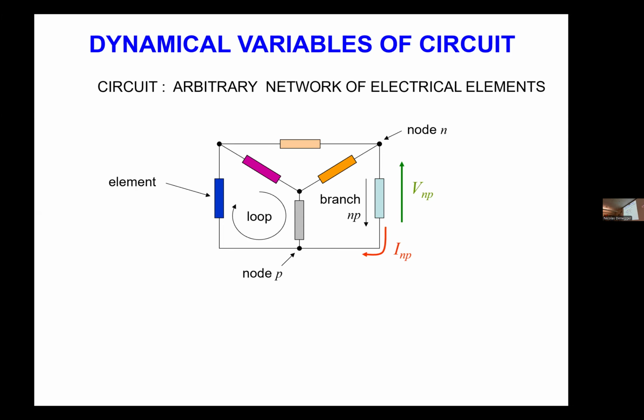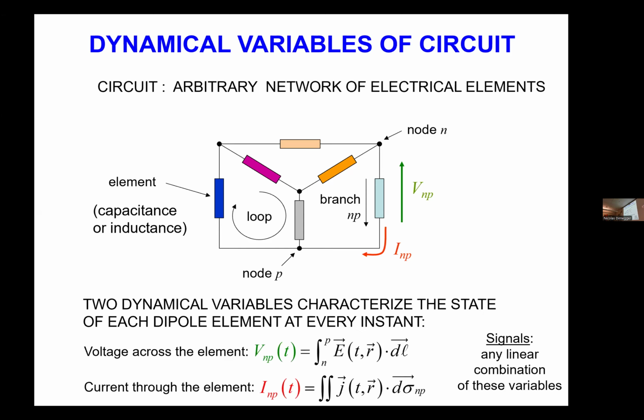You have minus signs in Maxwell's equations, but in circuit theory, with this choice of convention, there are no minus signs. So what does it mean? This arrow means that if the potential increases from this point to this point, then you count it positively. And if your current goes in this direction, you also count it positively. So this is what the arrow means.